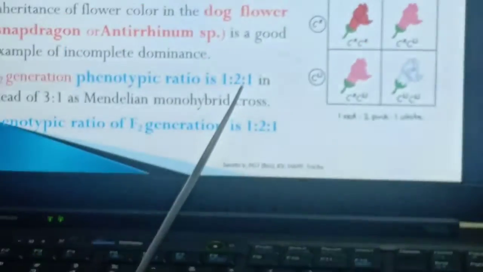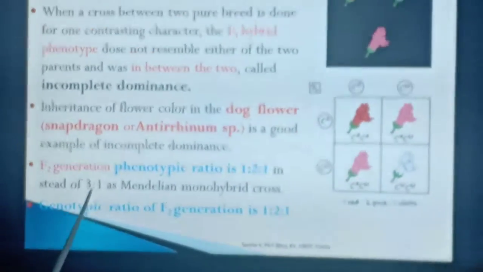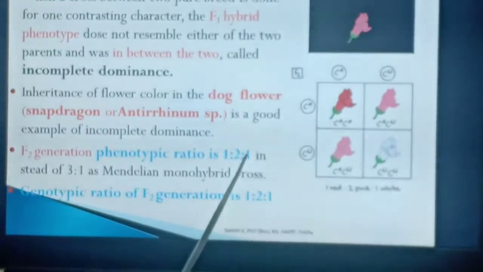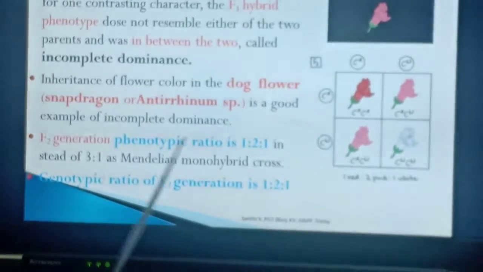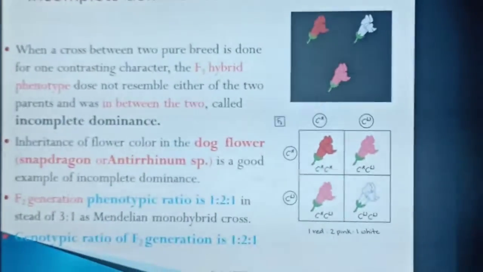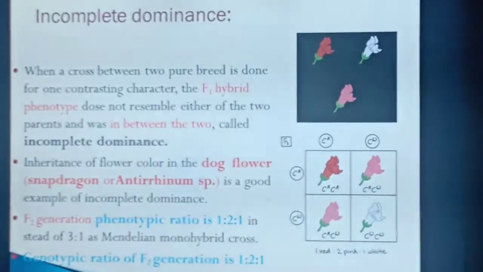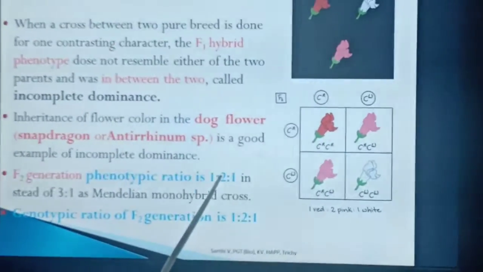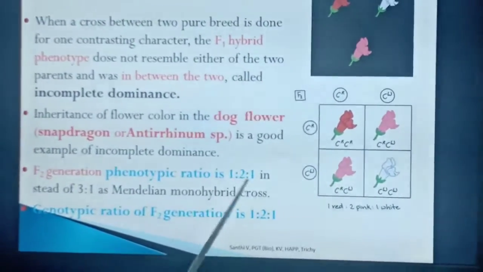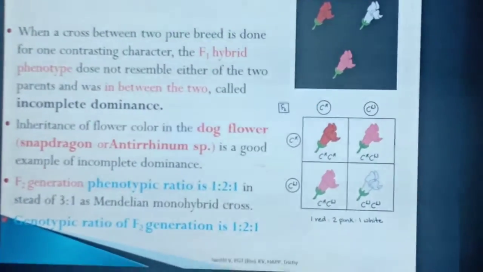Both are 1:2:1. In the case of complete dominance, the phenotypic ratio was 3:1. Here the phenotypic ratio is 1:2:1. That is the difference between these two. So when the phenotypic ratio and genotypic ratio resemble each other like this, with the ratio 1:2:1, we can call that incomplete dominance.